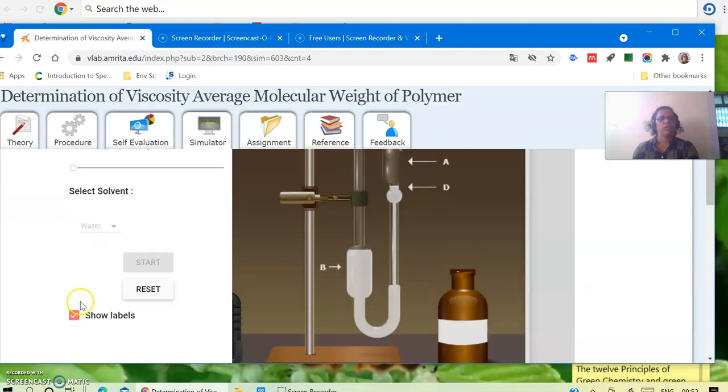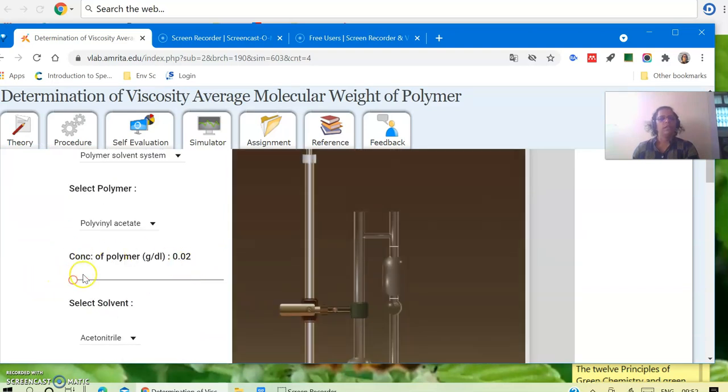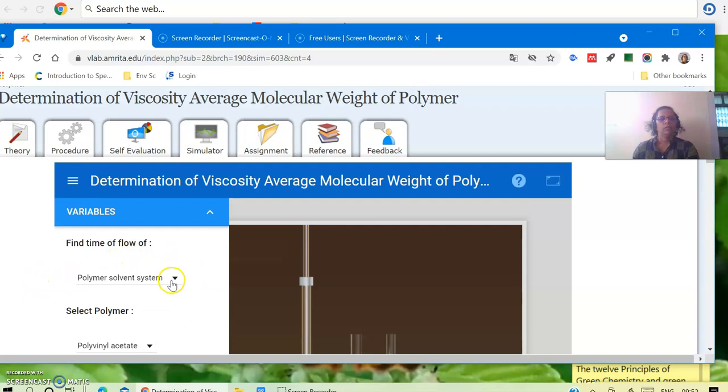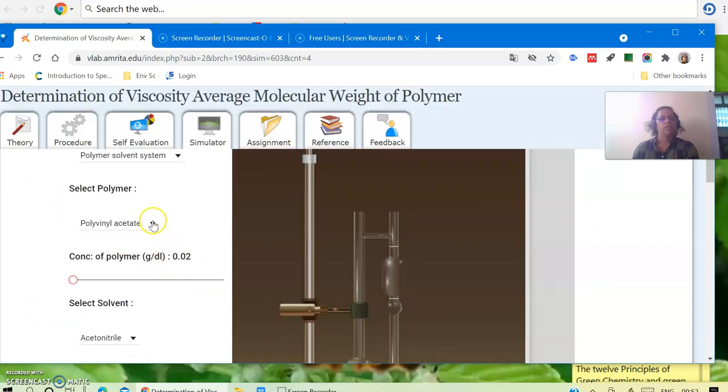So again you will go here and say reset. Once you reset, you can click on the polymer solvent system and select the polymer. Once again I may select polyvinyl alcohol, the solvent will remain water, and I'll change the concentration. The next concentration, then the third concentration, 0.06, then the next concentration is 0.08, and then the last concentration is 0.1.